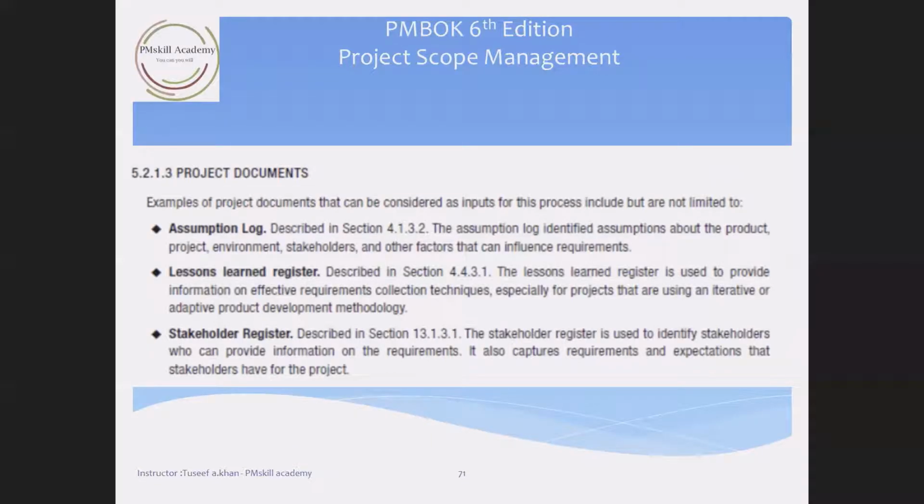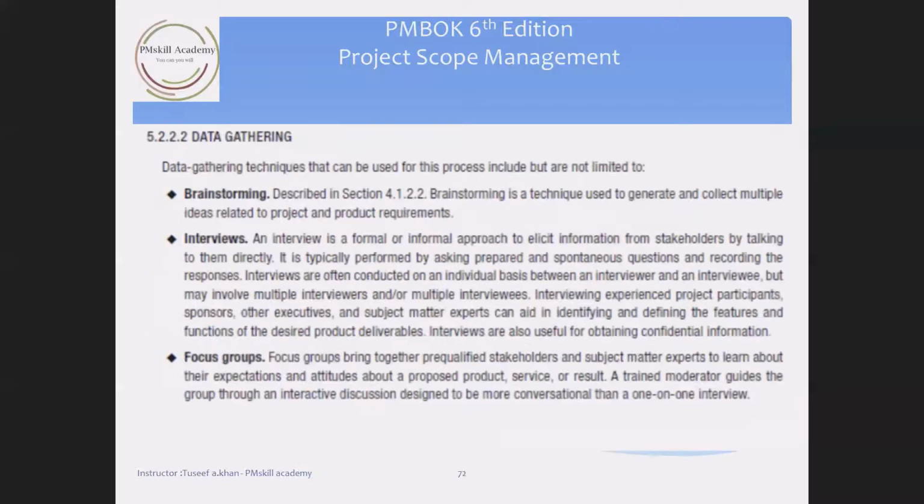You can see the project documents I already discussed, the assumption log, lessons learned register, and stakeholder register, that will provide some detail for Collect Requirements. In data gathering, you can see brainstorming.